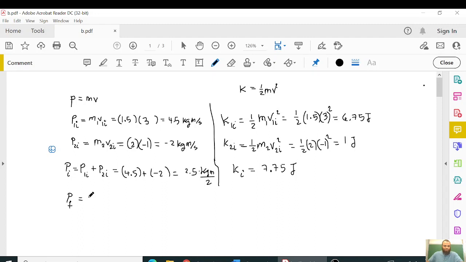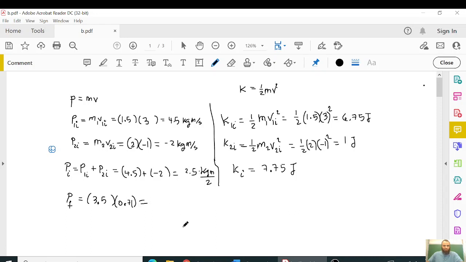Both masses moving together, so you get m1 plus m2 because they're stuck together. So 1.5 and 2 kilograms. The first mass is 1.5, the second one is 2, so that's 3.5 kilograms. And then their speed after the collision, we said it was 0.71.